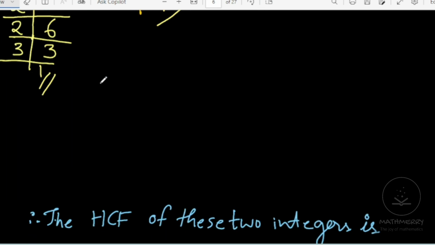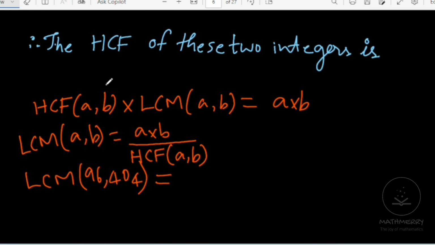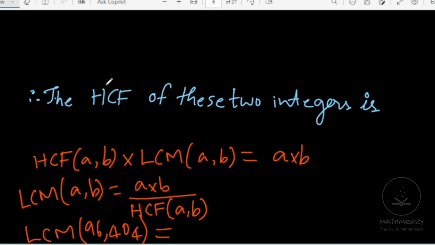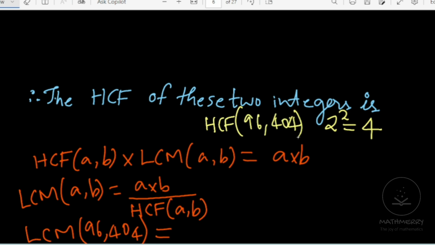So the HCF of 96 and 404 is 2 raised to 2, which is equal to 4.